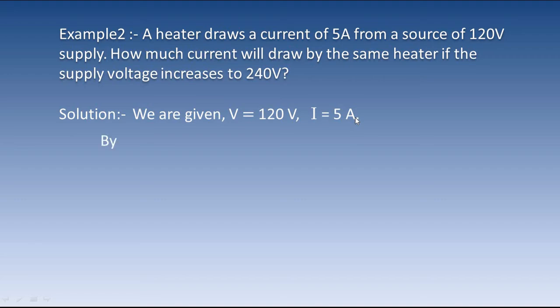By Ohm's law, V equal to IR or R equals V upon I. We simply put the values of voltage 120 volt and I 5 amperes, and we are getting 24 ohms. The value of resistance is 24 ohms.